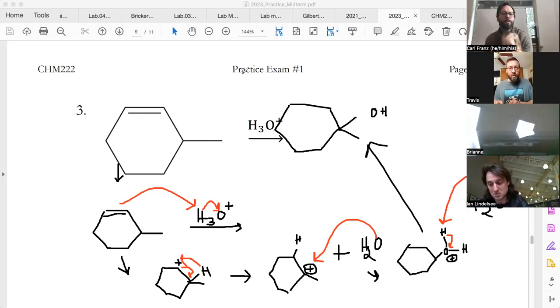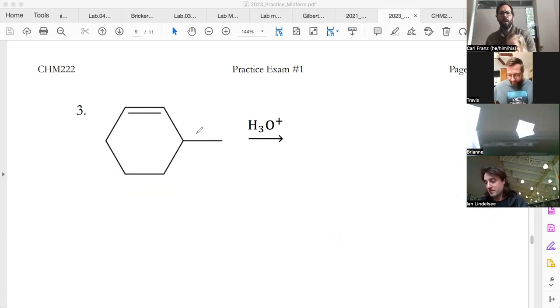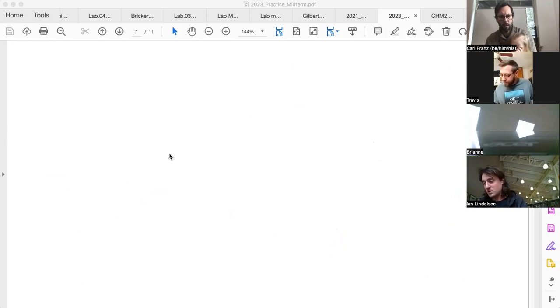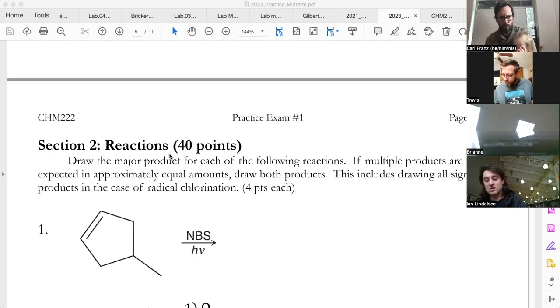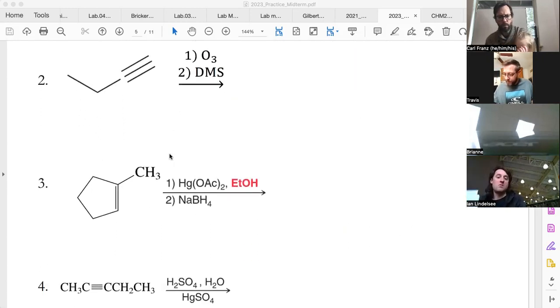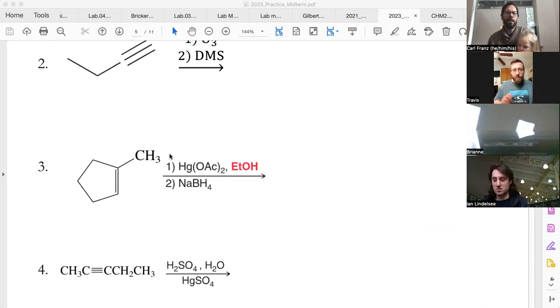So is that kind of a rule of thumb? If there was methanol or ethanol in there, that would create an ether, but if there's water or hydronium, that creates an alcohol. Yes, you could say it's a general rule of thumb. Not with all things, though.